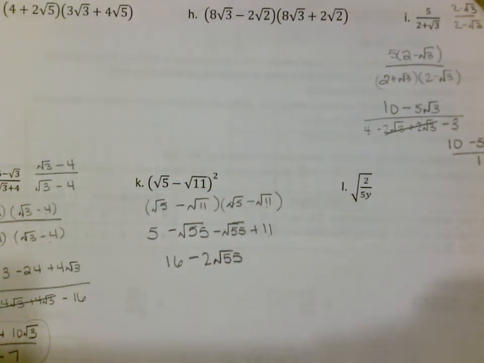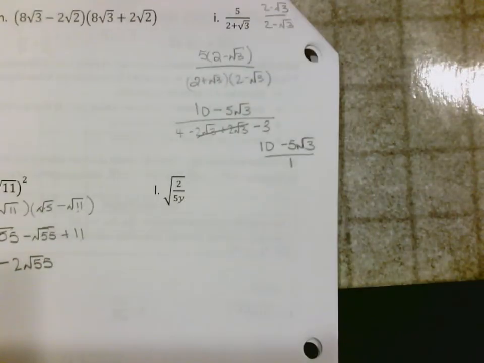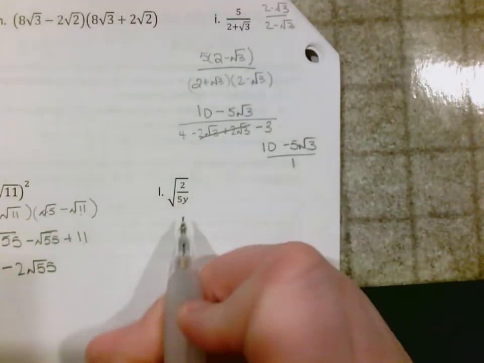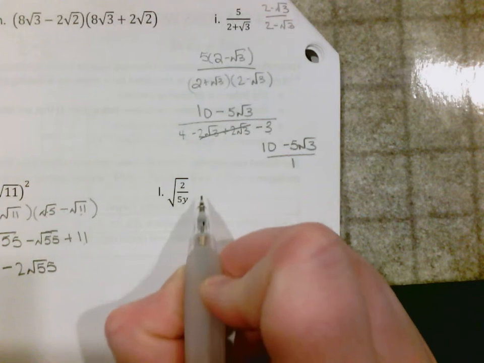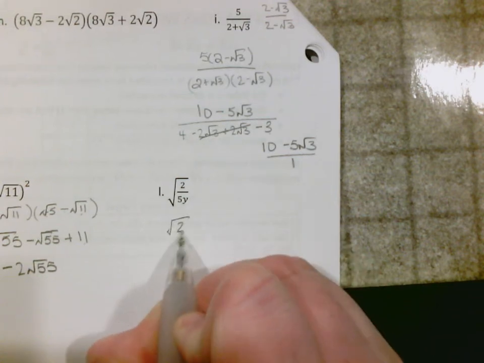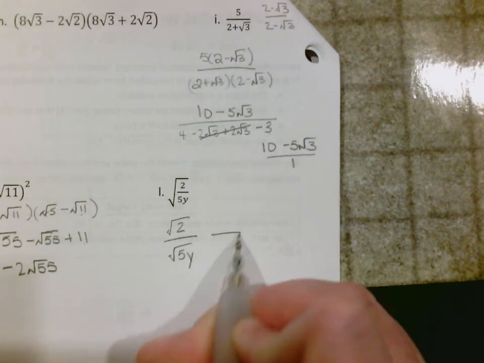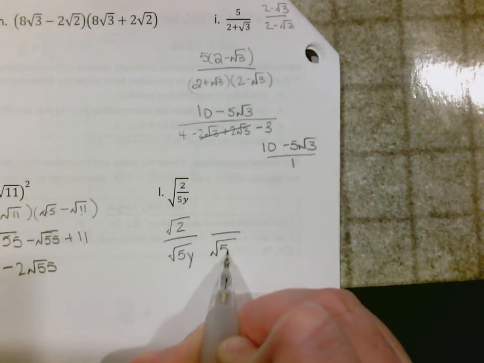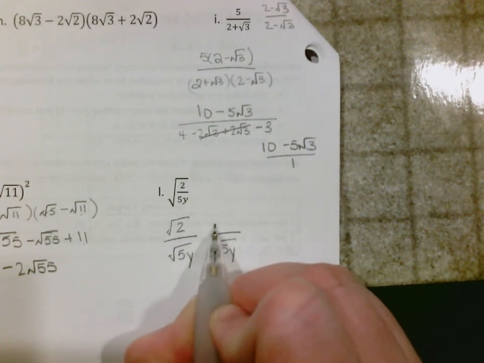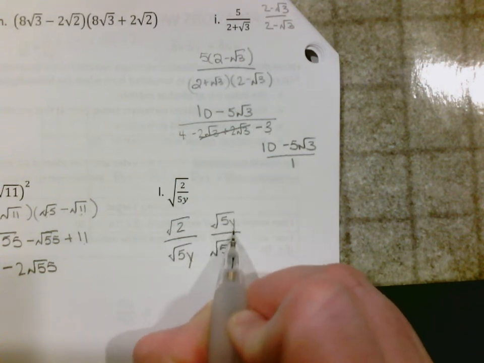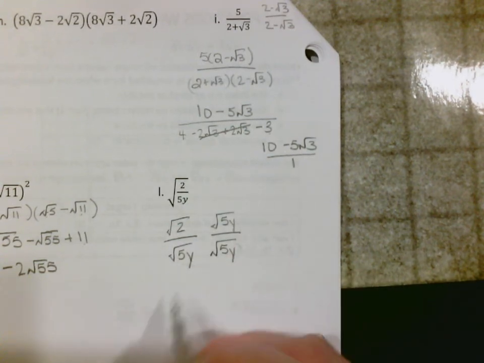On number 2, or L, break this down into 2 square roots. So I would break this down to square root of 2 over square root of 5y. And when you do simplification, square root of 5y, square root of 5y, these cancel each other out, so you're left with 10y underneath.